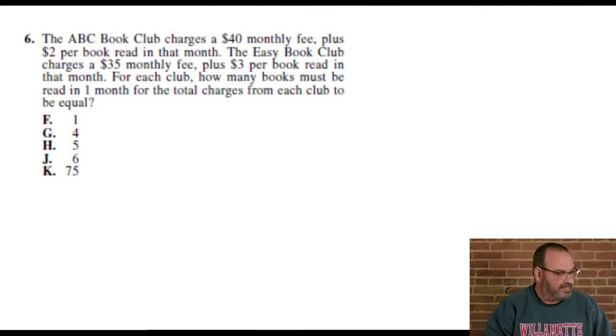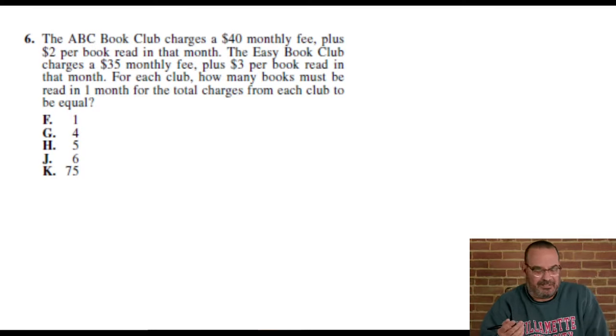All right, here's a classic. The ABC Book Club charges a $40 monthly fee plus $2 per book read in that month, and the Easy Book Club charges a $35 monthly fee and $3 per book. It's a stupid problem because nobody would pay a book club $40 a month, but we all know it's just made up numbers.